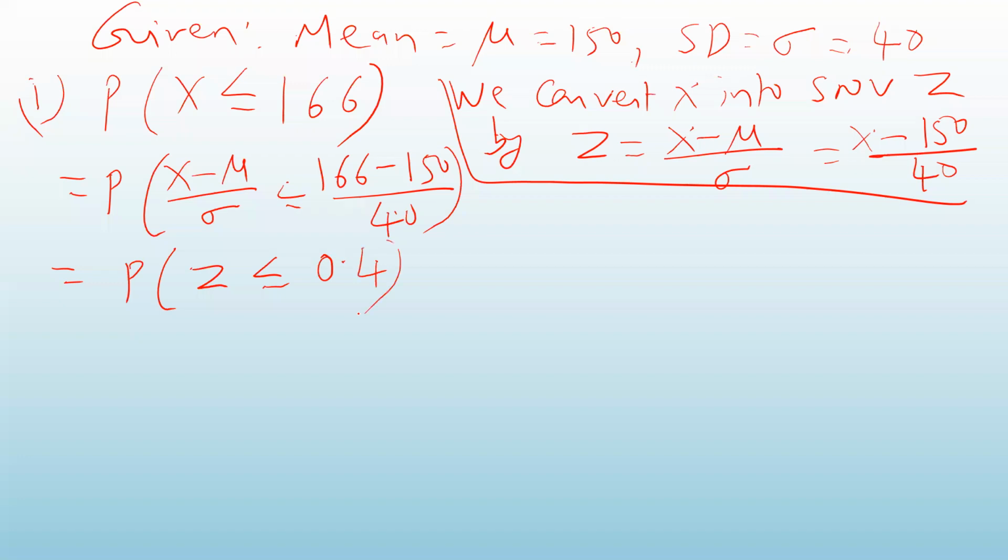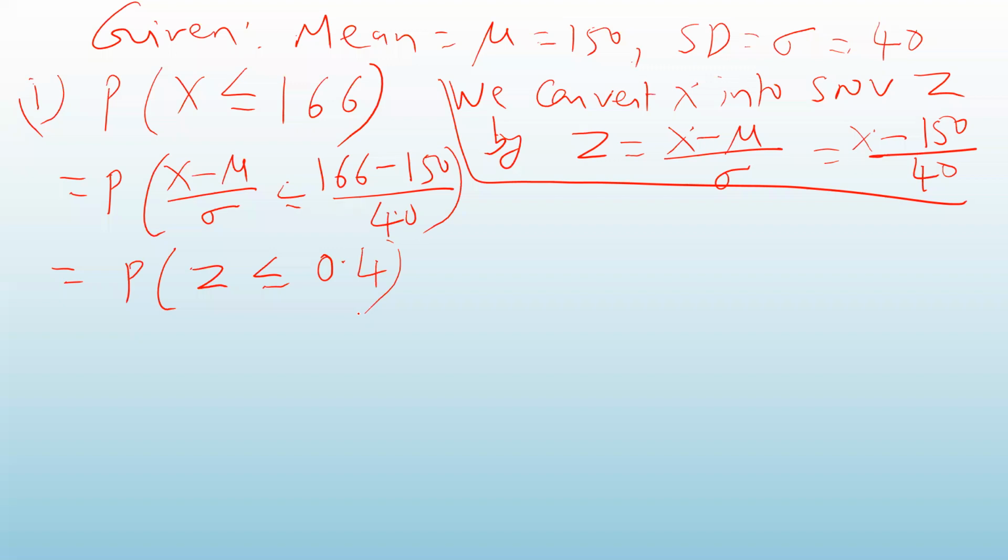Why do we convert this? Because the tables are available only for the standard normal variate. In the table, the areas from z equal to 0 to any positive number are given to you.